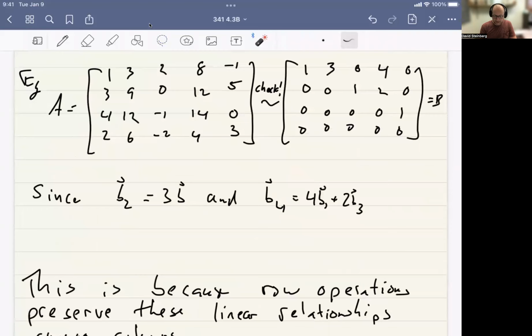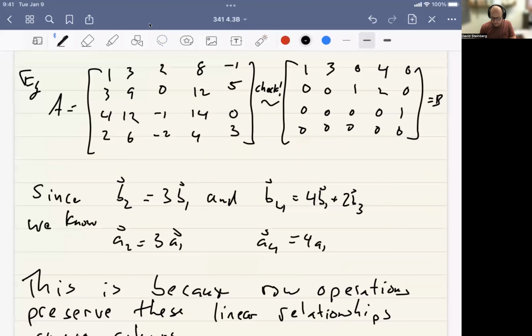And then the observation is that since B2 is 3 times B1 over here, this is the little clever observation that we need to make. Since B2 is 3B1, we know that A2 is also going to be 3A1. And similarly, A4 is going to be 4A1 plus 2A3.